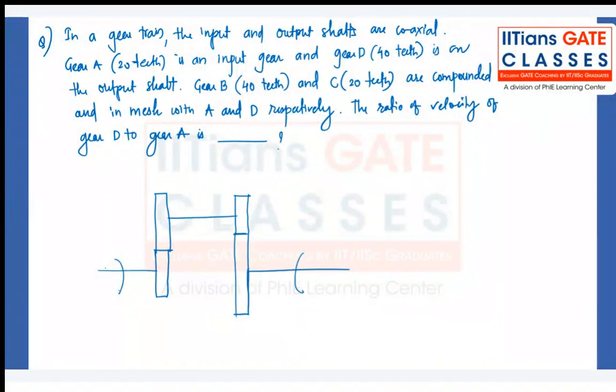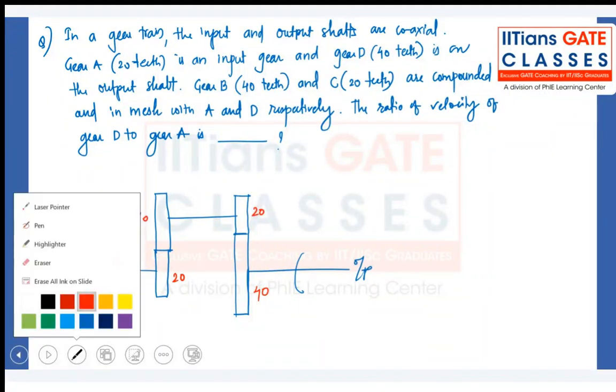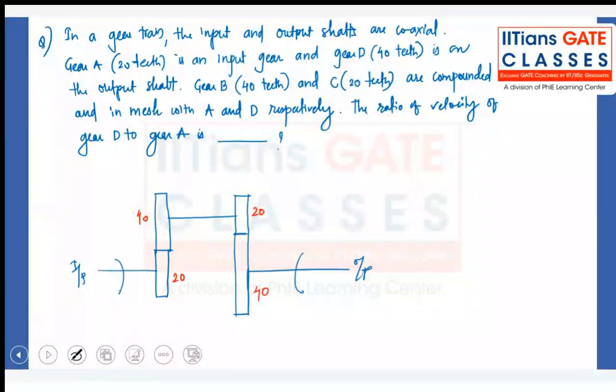This is the input shaft, this is the output shaft. Remember the center distance remains unchanged. Gear A has 20 teeth, gear D has 40, this has 20, and this has 40. This is the given data.